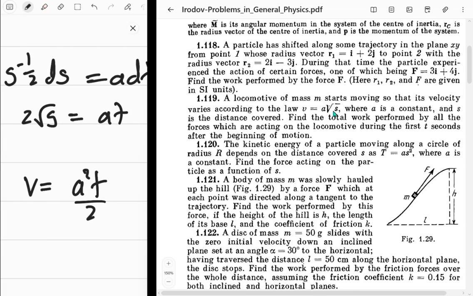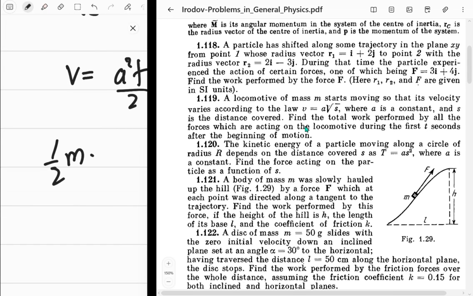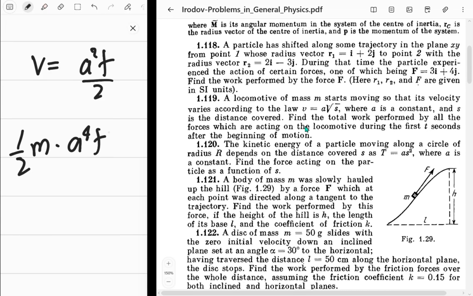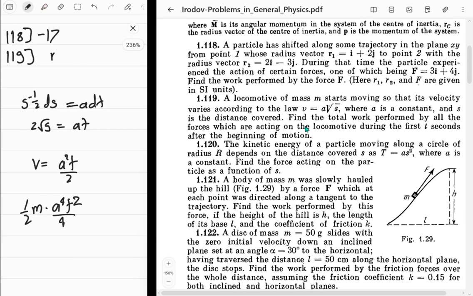It's similar to v squared minus u squared equal to as. So in the first t seconds your velocity becomes this. The work done is half m v squared, so half m times a to the power 4 t squared upon 4, which is m a to the power 4 t squared upon 8.